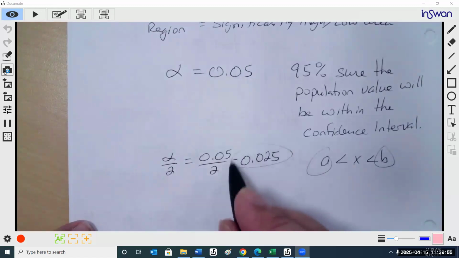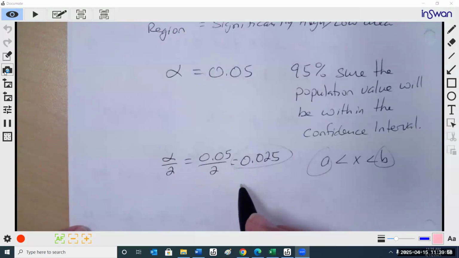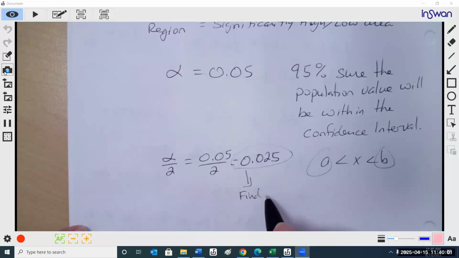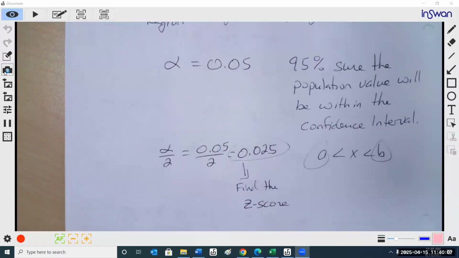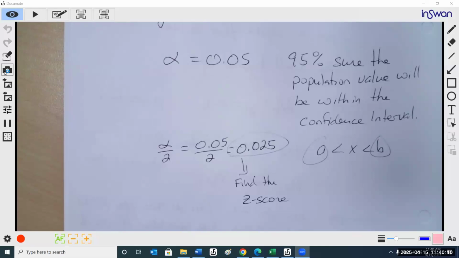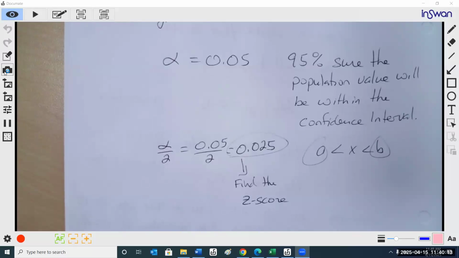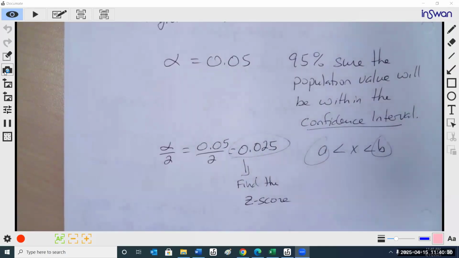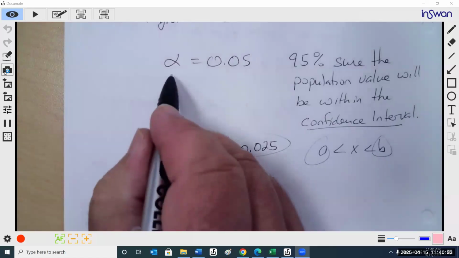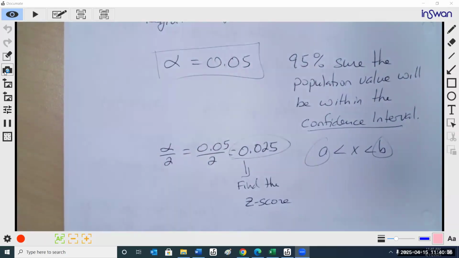And then we use this value to find the z-score, and the z-score will tell us the area that part entails. So review your confidence interval, because that's where we first learned about alphas, the significance level.